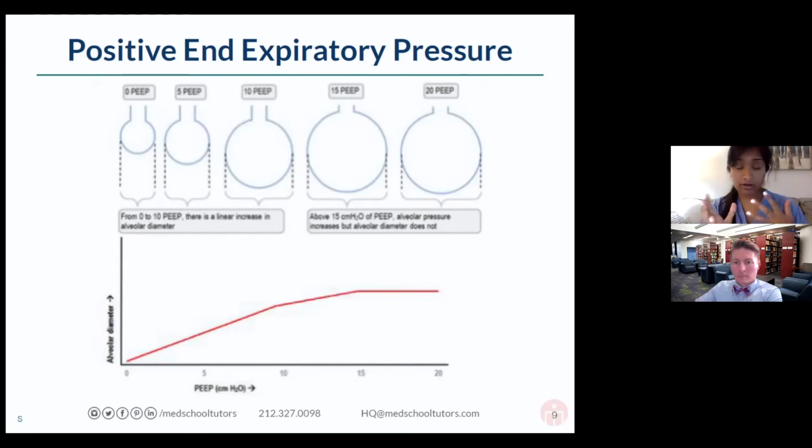And it is no longer creating an increased expansion. The tension is just being held in the wall. So the PEEP can continue to rise, but the diameter after a certain point will not continue to rise. So that's thinking about that linear relationship initially, and also what the benefits of PEEP are. Primarily it's to give you that initial popping open to make it easier to inhale every subsequent time.